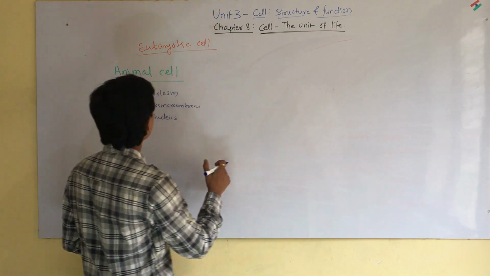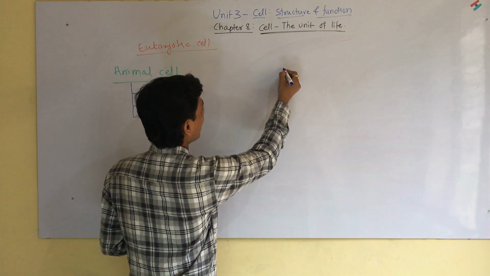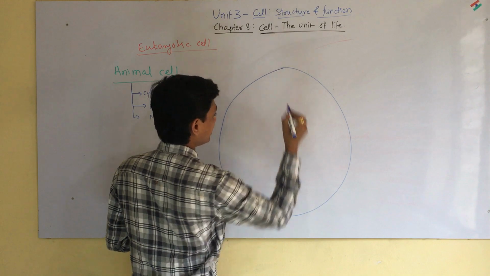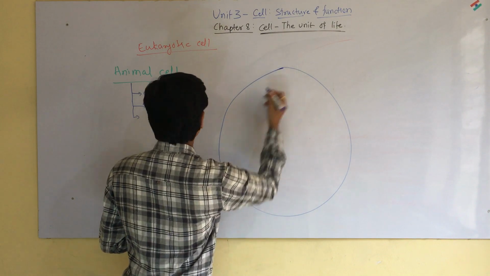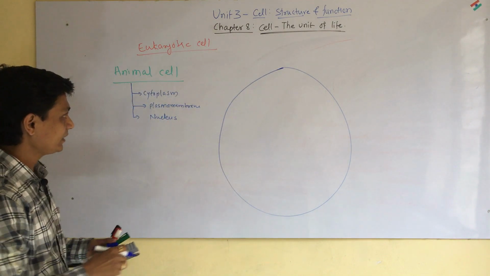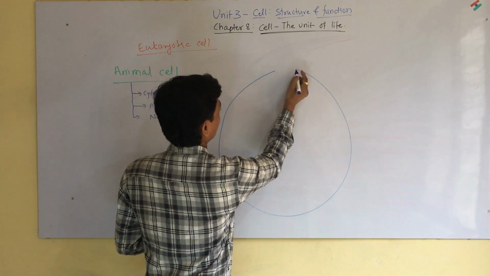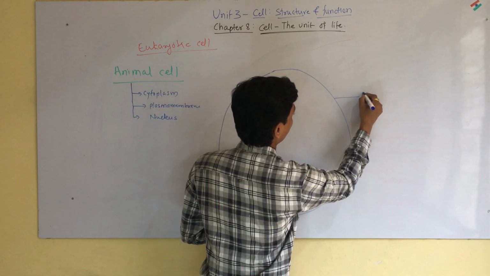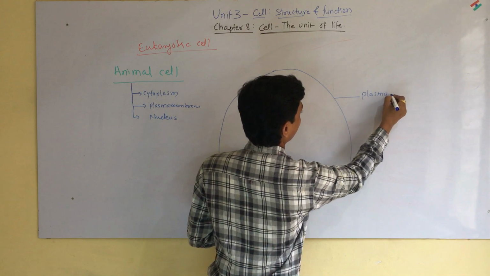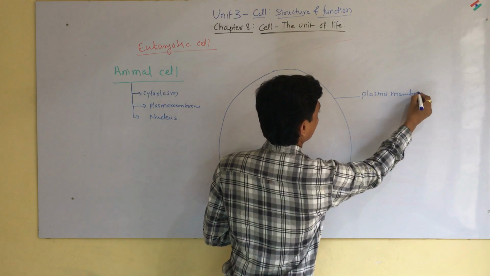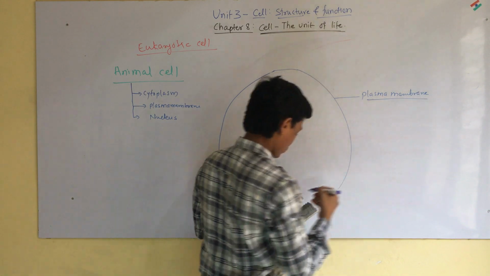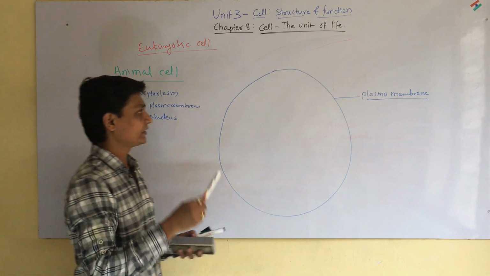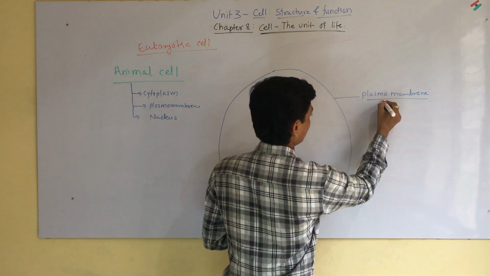The typical animal cell is either circular or oval in shape. This is a plasma membrane. This one is a plasma membrane, and as we know, this plasma membrane is made up of lipids and proteins, that is lipoproteinous in nature.